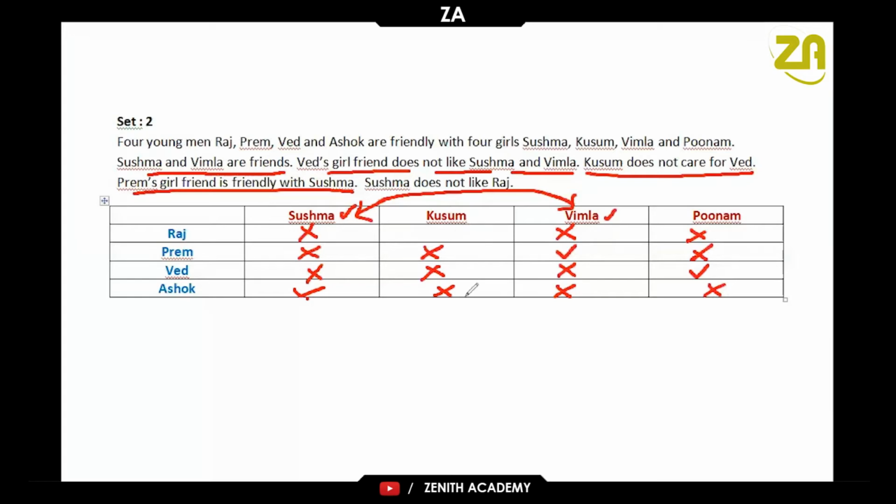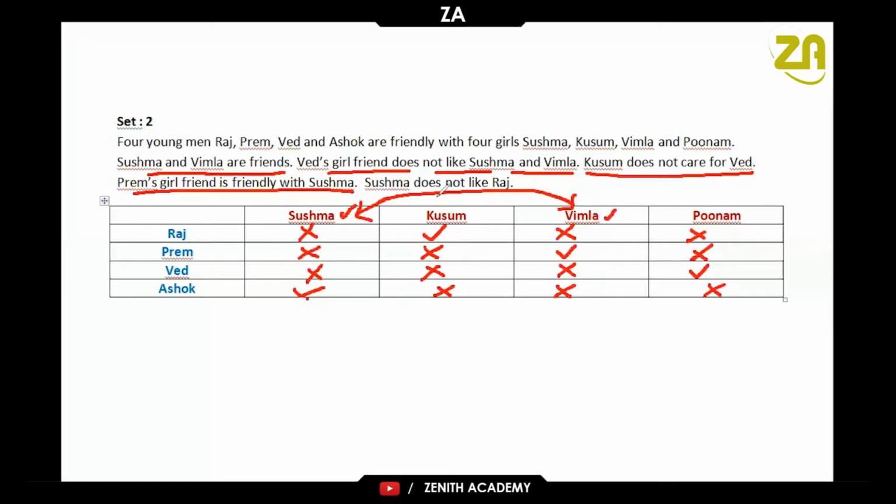Means Kusum is a girlfriend of Raj. So I think you are getting me. When you work in a grid, then you can establish relations easily, which is very noticeable in a grid. Then you can answer faster and you will be definitely 100% accurate.